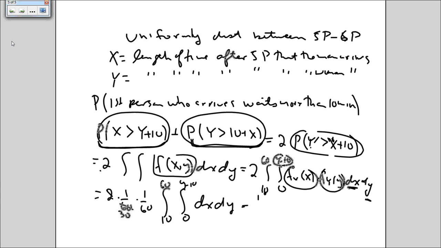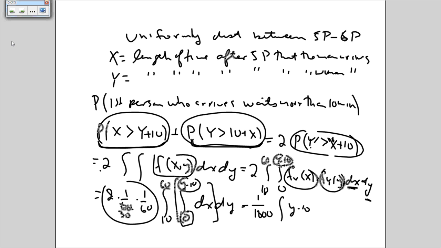The numerator is 1 for this number. 30 times 60 is 1800. This antiderivative is just x. The integral of dx is x. You plug this in, you get y minus 10. You plug that in, you get 0. The difference is y minus 10 dy.